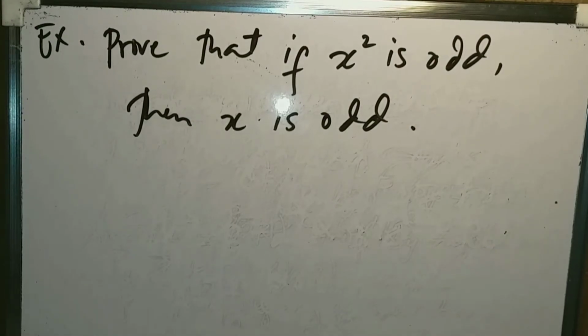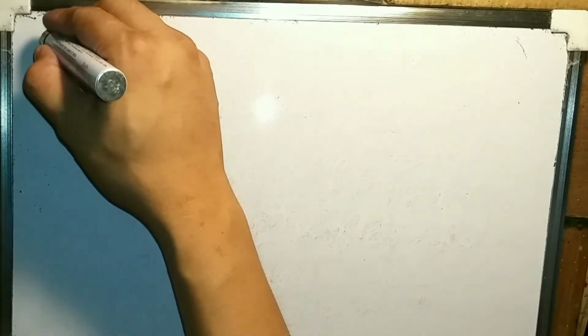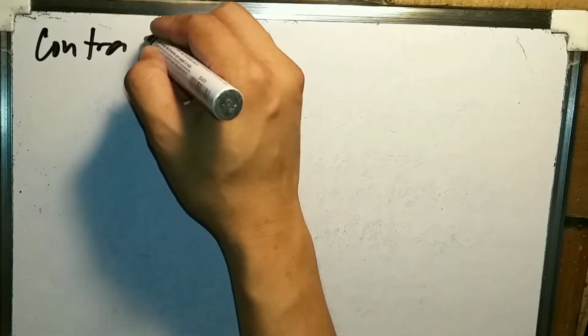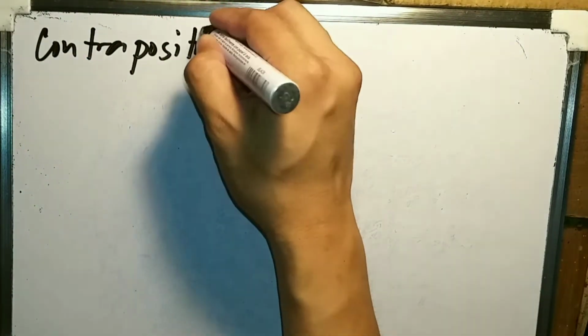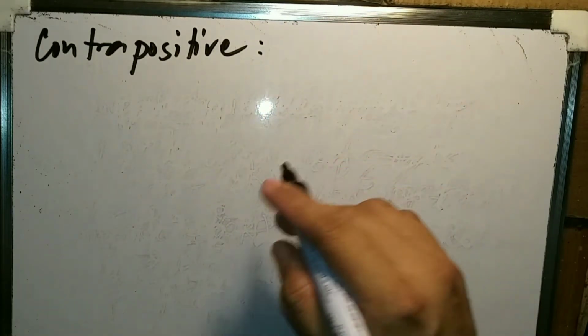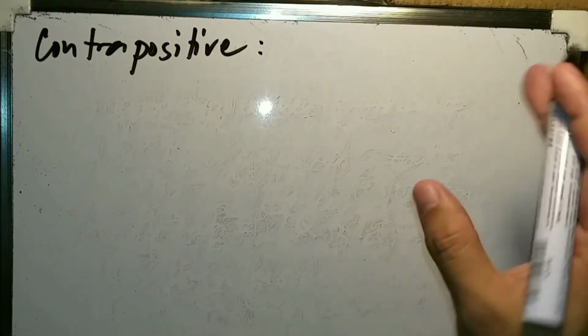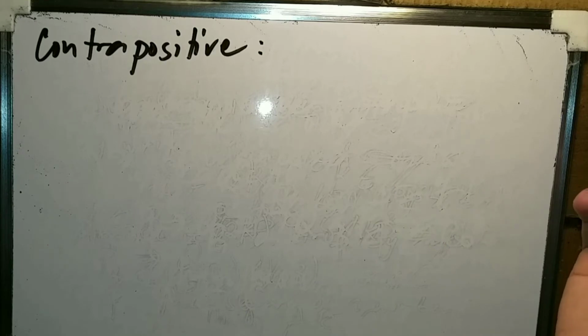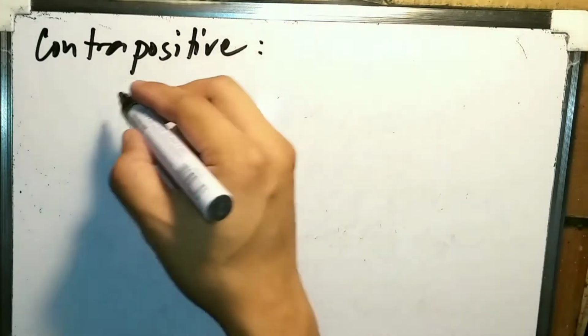So for example, let us prove that if x squared is odd, then x is odd. So we will use contrapositive to prove the statement. So let's have the contrapositive of the statement: if x squared is odd, then x is odd.